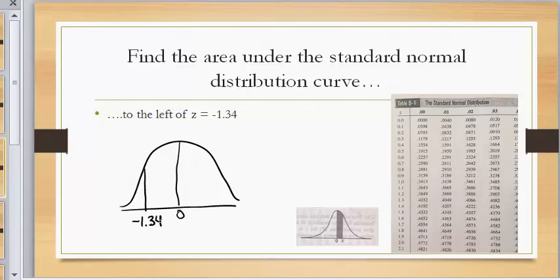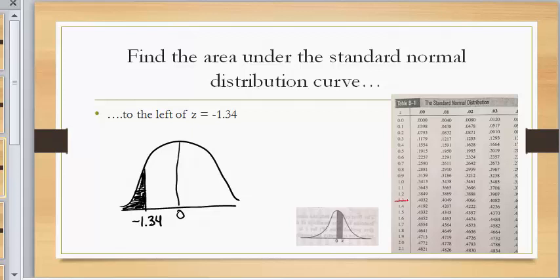And the problem tells us that we're going to shade to the left of negative 1.34. So we're going to be shading in what we will refer to as the left tail of the curve. So now I'm going to go to my table and I'm going to look up 1.34.